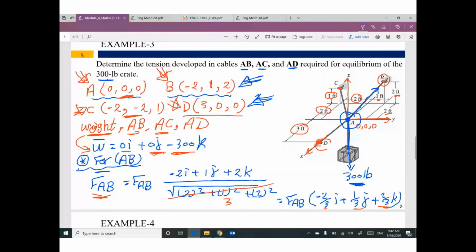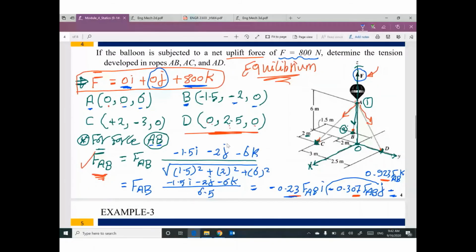So all of them here intersect at point A. In the previous example, all of the forces are connected at point A. Here is point A. We have the uplift force, we have this force, this force, and this force. All of them intersect at point A. So here is the particle in equilibrium. Whether point A is at the origin or not, I don't care. I need to figure out the equilibrium of point A.